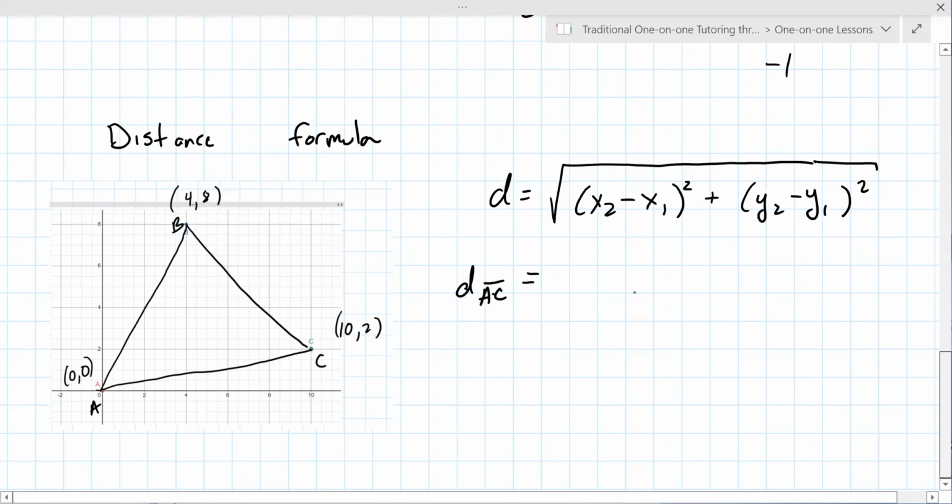So the x2s are over here. So that's going to be 10 minus 0 squared plus 2 minus 0 squared, square rooted.